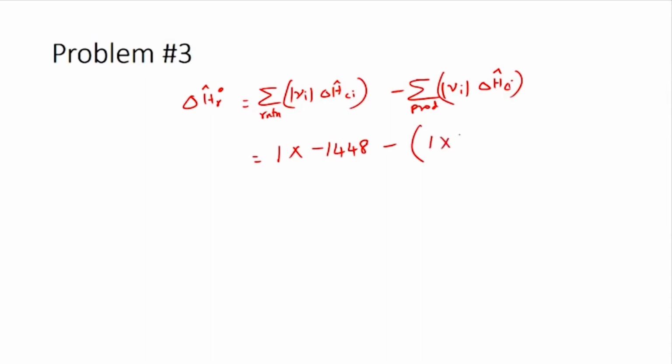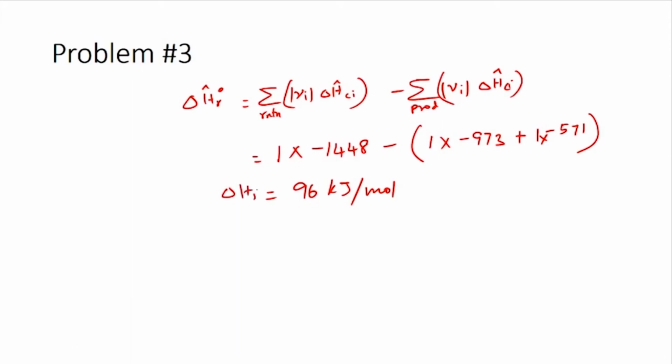So, 1 times minus 973 plus 1 times minus 571. This would be equal to 96 kilojoules per mole.